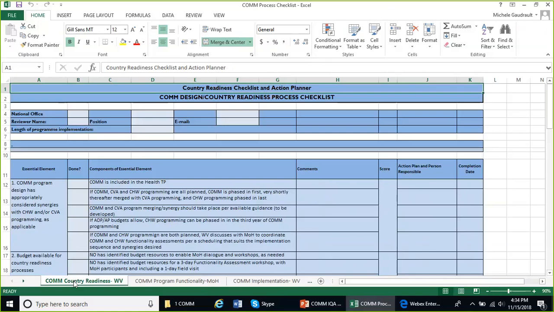And retroactively, is there any adjustment that you might make? I think it really is ideal if you can walk along with a national office at the time that they are setting up and use these 2 tabs at that point, but it can also be used retrospectively.